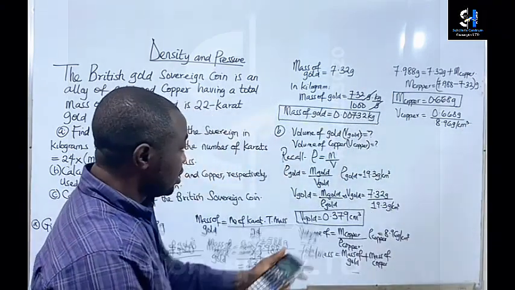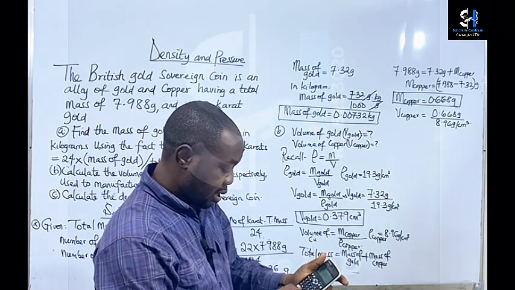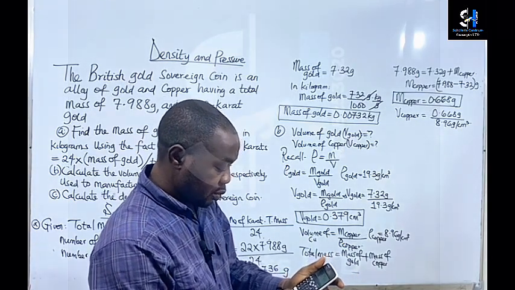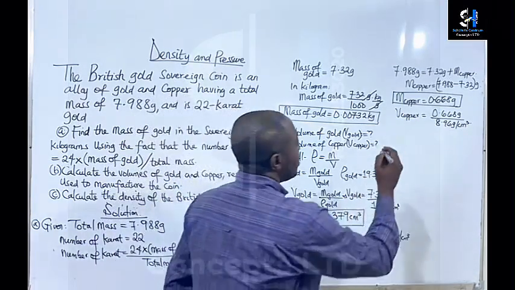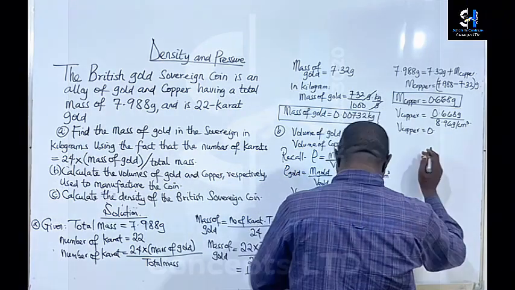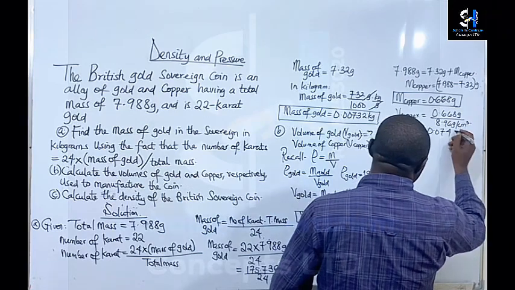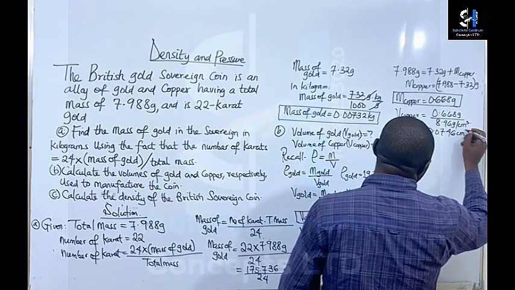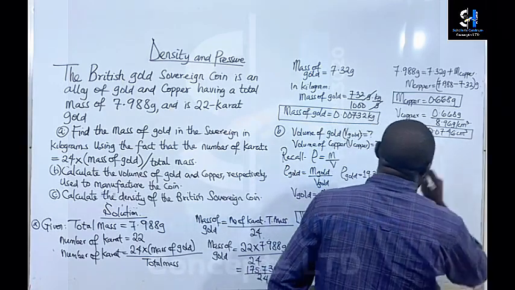So when 0.668 is divided by 8.96, that will be 0.0746. So volume of copper is equal to 0.0746, and that will be in cubic centimeters.